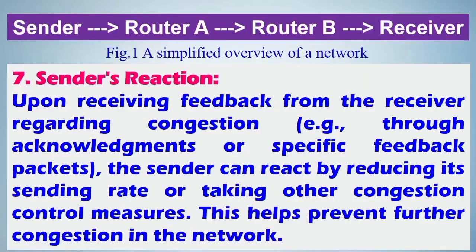Sender's reaction. Upon receiving feedback from the receiver regarding congestion, for example, through acknowledgements or specific feedback packets, the sender can react by reducing its sending rate or taking other congestion control measures.